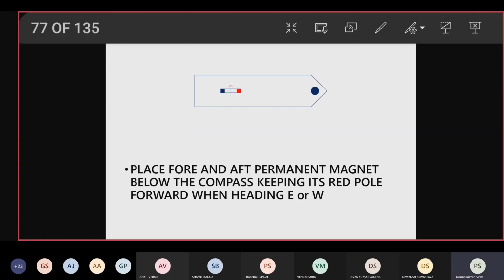So this is what we talked about. If there is a blue pole forward, that can be countered by a red pole. So there are forward aft permanent magnets, which are placed below the compass.